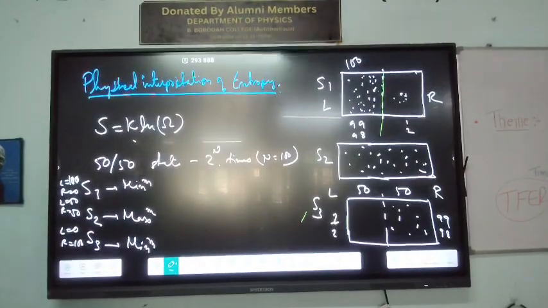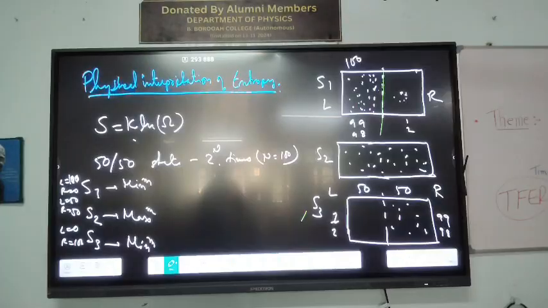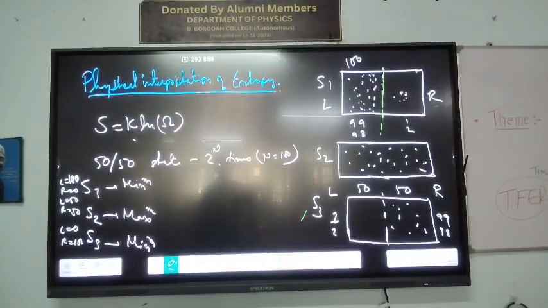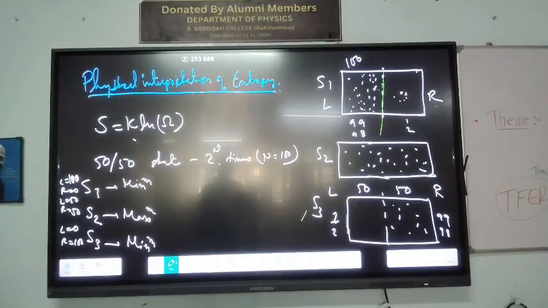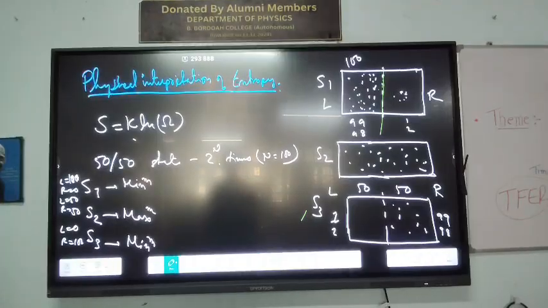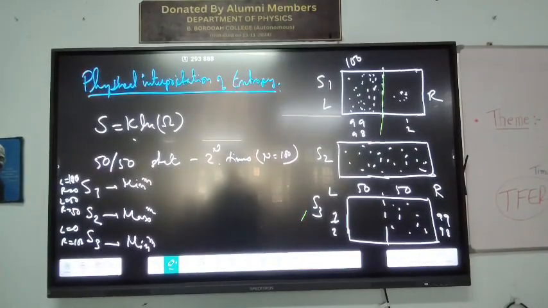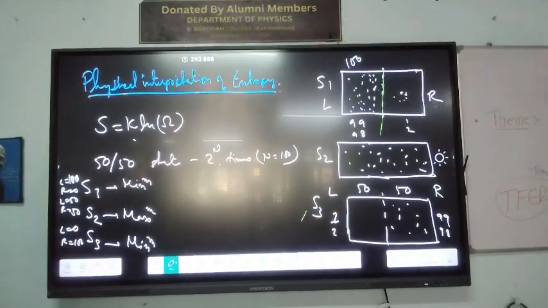Now of these three, which would I say is orderly? Which states are in the most ordered state? S1 and S3 are orderly. Why is it orderly? Because they are quietly sitting in one corner. One time it is left, the next it is right. Now you are sitting orderly, so you are in an ordered state.